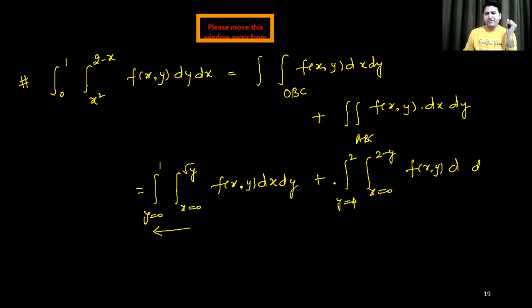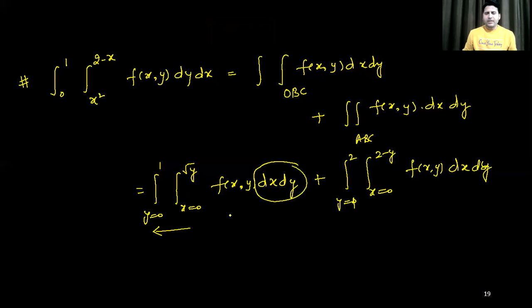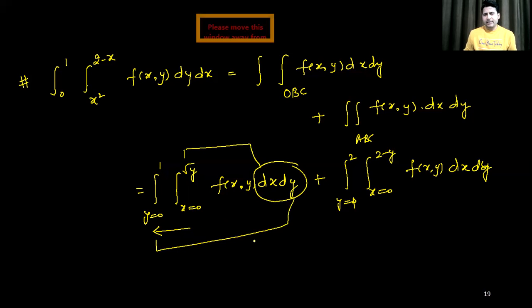Why? Because we are taking a strip parallel to the x-axis. Moreover, there is a conflict between authors about how to write this term. Many times the first one is for the first and the second one is for the second, but many authors write first for the last and second for the first. So no need to get confused.